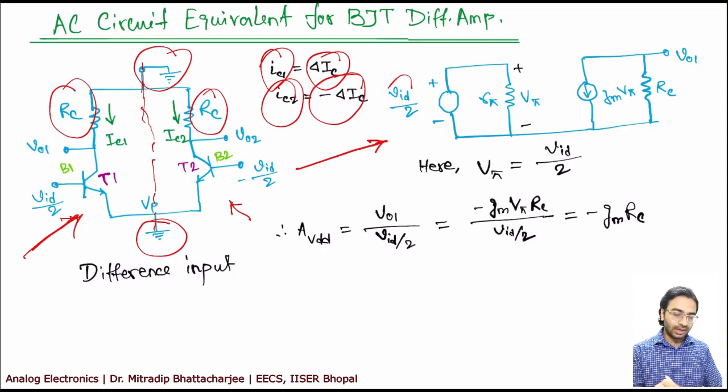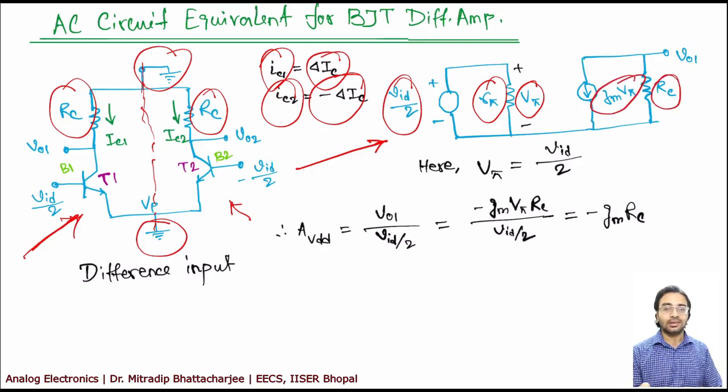So in this case you have VID by 2 as input, R pi is your input resistance, across which a voltage V pi builds up, and then you have a current source gm V pi and collector resistance RC. Your output is VO1, so your collector resistance will appear on the output side because this part is grounded.